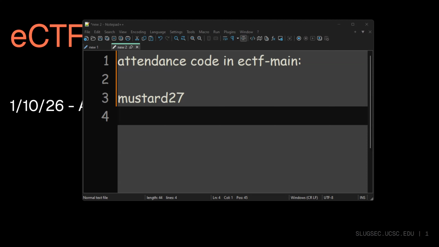We'll get started in just a minute. What's the command? I think you should be able to just click on sign in. If you're in eCTF main, there should be a button to enter the code. And same with those on Zoom. You guys can see this, right? Just to make sure, you can see the attendance code. Yeah, I can.